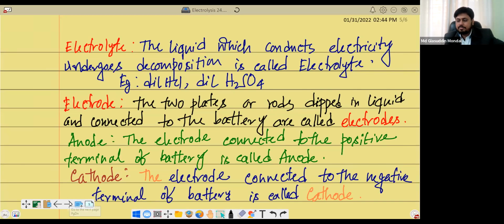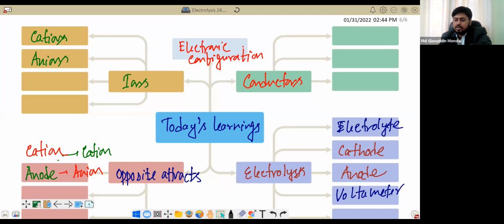And then finally, we have learned about electronic configurations, electrolysis, and also we have learned that opposites attract, the ions attract opposite ions. So these are the learnings of the last class. Okay. So in this way, we came to know about this one.